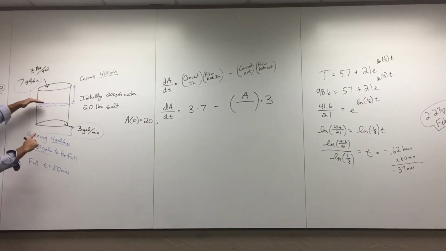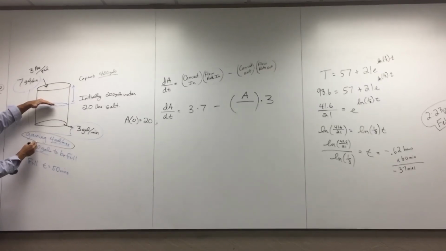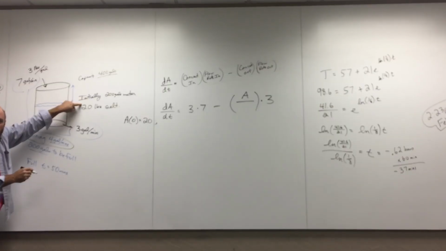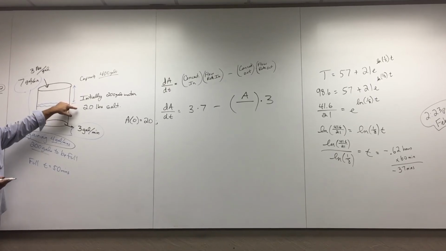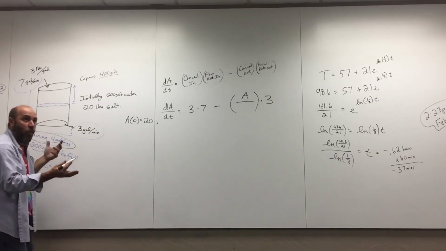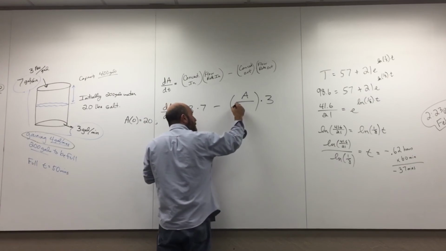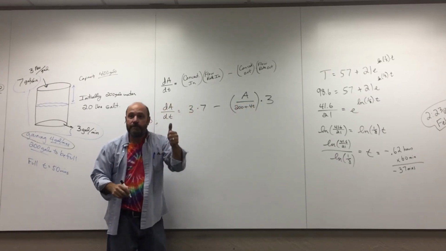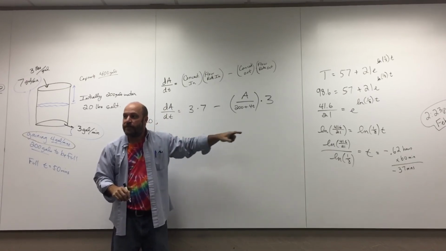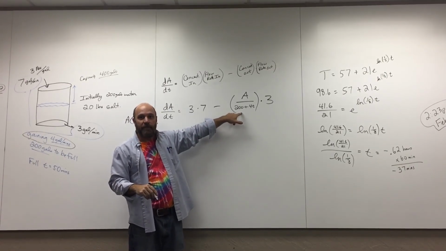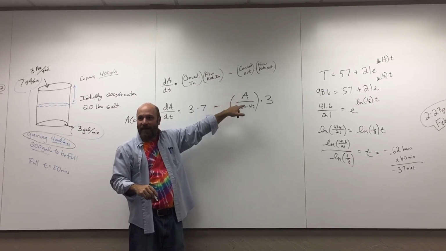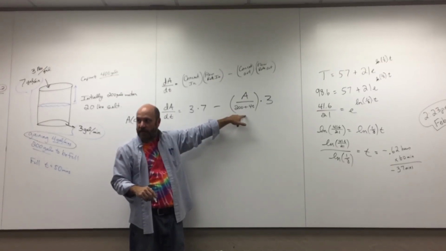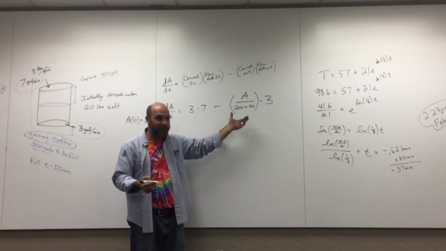It's gaining 4 gallons a minute, but it started with 200. Can you write an equation for the amount of water in this tank? 200 plus 4t. Awesome. It's not that hard, right? Except now we're going to solve this DE.